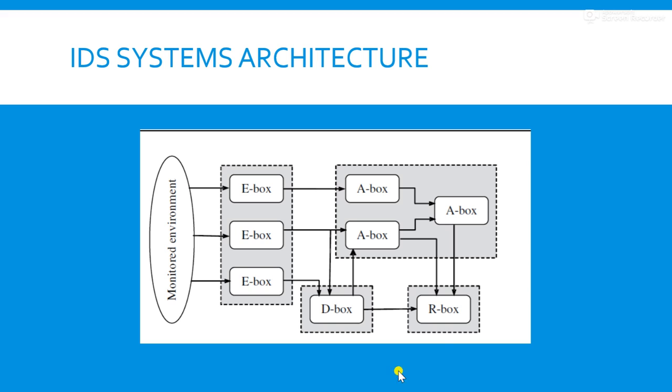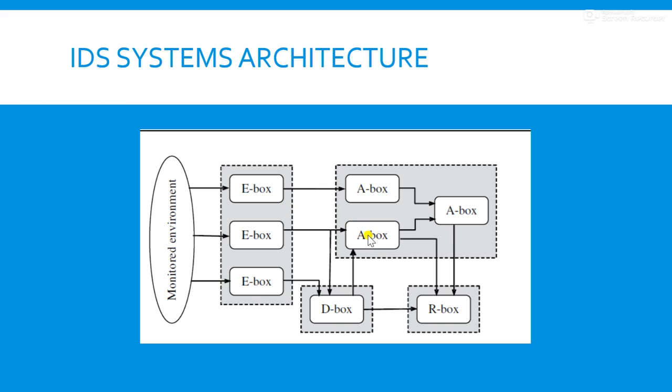Then we have D boxes, or database boxes. These are the elements which are used to store information from event boxes. Event box information is stored here in D boxes, and then from D boxes this information is used by analysis boxes and response boxes.